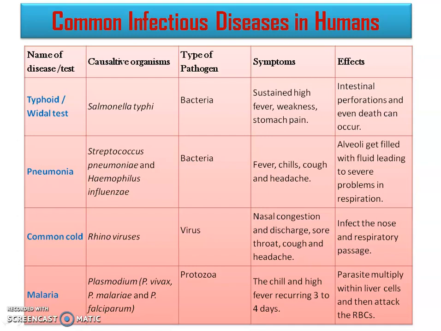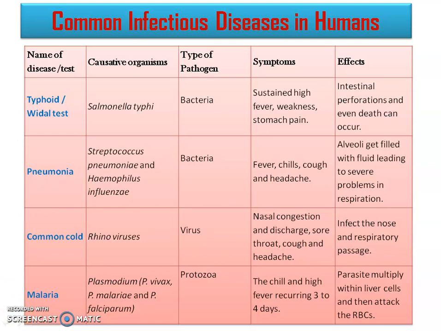So at the very beginning, we will start with a very common infectious disease named typhoid, which is generally diagnosed with the help of a test known as the Widal test. Typhoid is caused by an organism named Salmonella typhi, which is a bacterium.